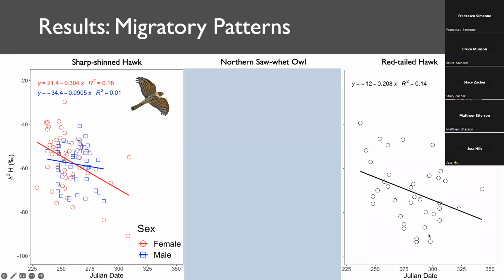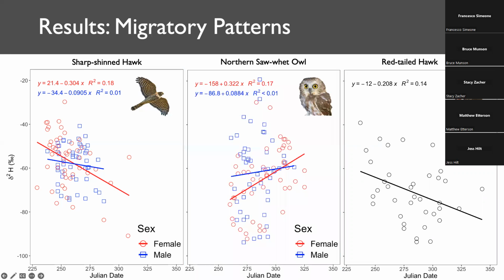For red-tailed hawks, we also saw the expected trend of potentially more southern breeding individuals migrating through Duluth earlier in the season versus more northern individuals. We did not have sexes for these individuals, so we weren't able to look at trends there. Then Northern Saw-whet Owls were definitely a bit of a surprise for me.